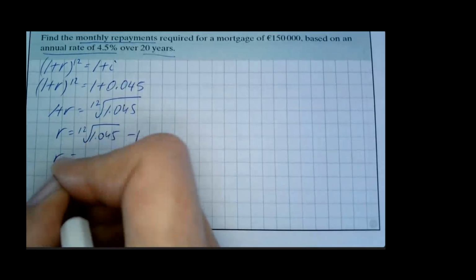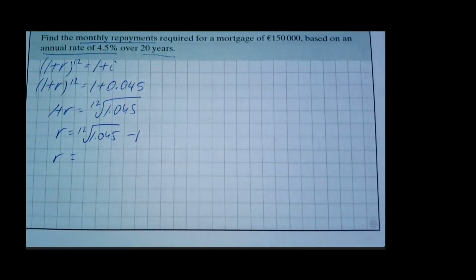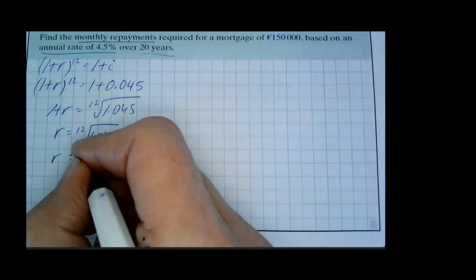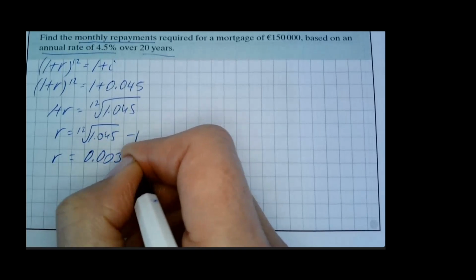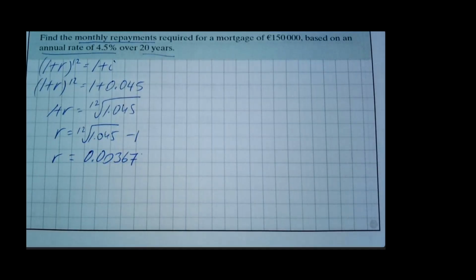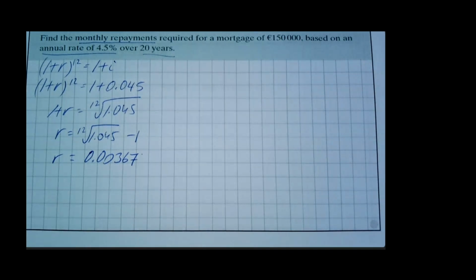So the monthly rate, and we're getting 0.00367. And that's enough decimal places to use. You don't want to round obviously too early here.